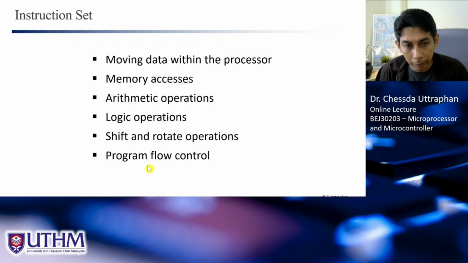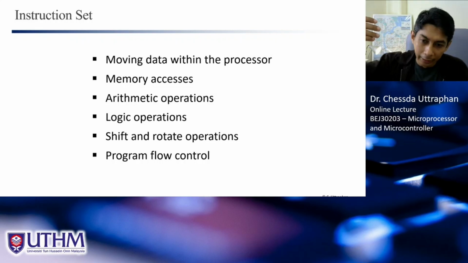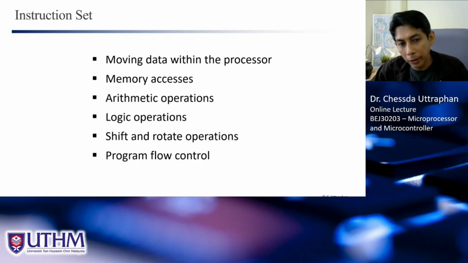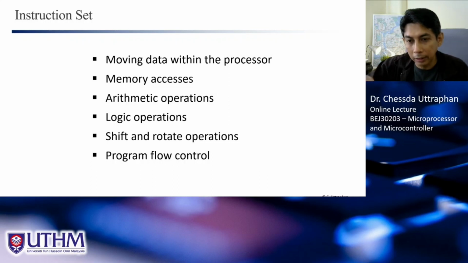Because most of the time the programs we write are not linear, I mean not running from line number one, line number two in sequence. Sometimes we need a program that is not running in sequence. For example, at this point we need to test whether the numbers are equal.